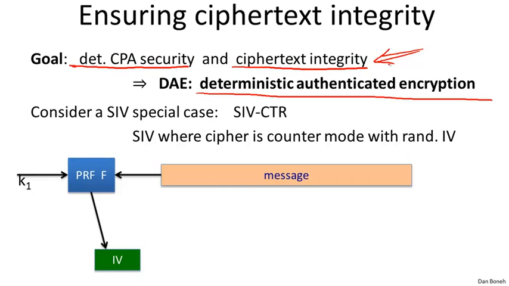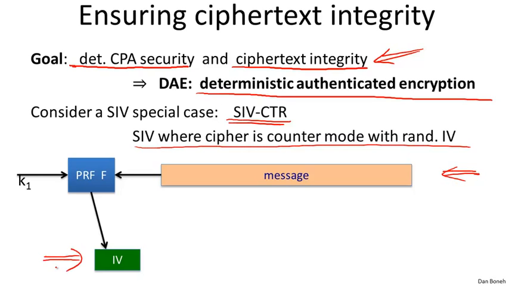So let's see why. In particular, let's look at a special case of SIV when the underlying encryption scheme is randomized counter mode. We'll call this SIV-CTR, to denote SIV where we're using randomized counter mode. Let me remind you again how SIV works in this case. We take our message and apply a PRF to it, and that derives an IV.